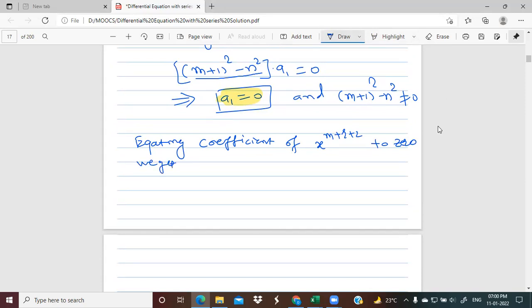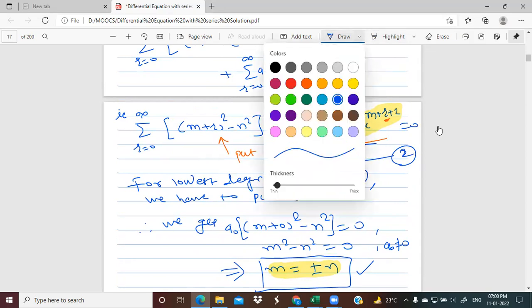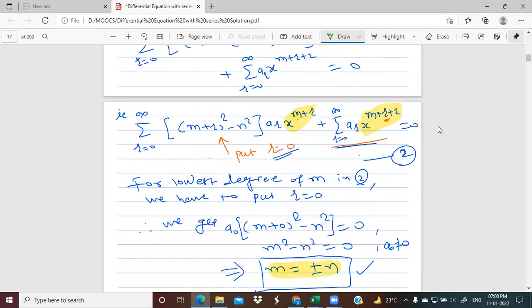again from equation 3. If we are equating this coefficient in equation 2, we have to compare at M plus R plus 2. In this case we have to put R equal to R plus 2.